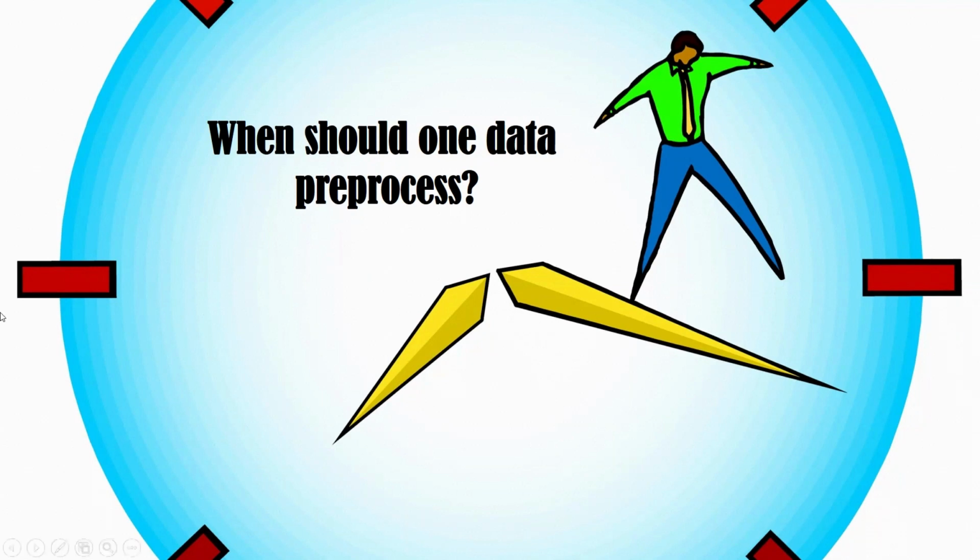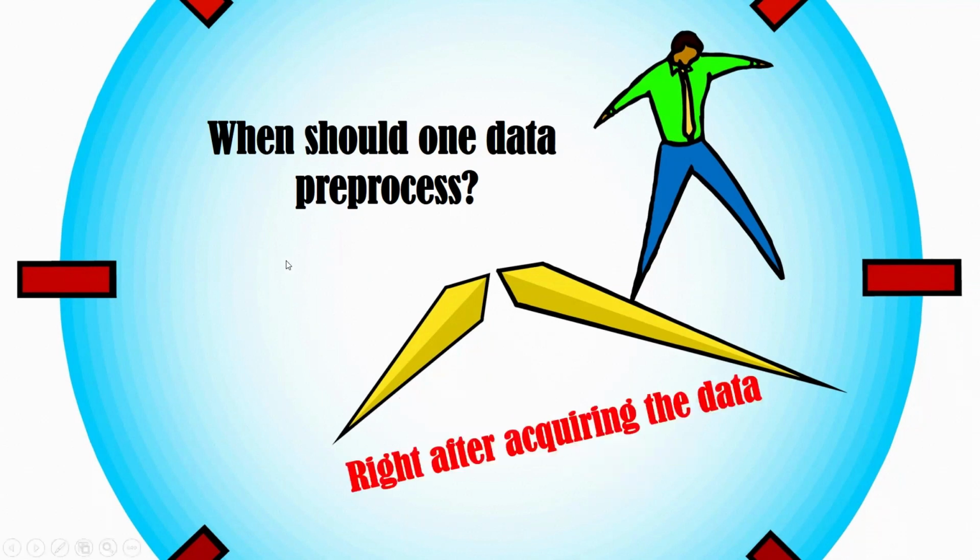In any situation we are dealing with, you need to preprocess data right after acquiring the data. So when you have collected the data, you've mined your data, the next thing we're supposed to do is preprocessing the data, because there is no other stage you can head to if you have not acquired that data.